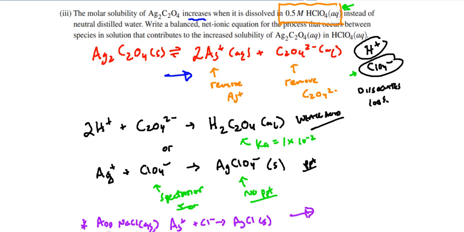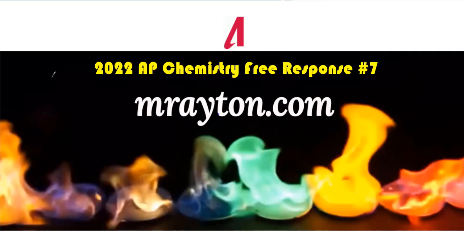But, you know, that's what they paid me the big bucks for, is to change questions. No, they're not going to listen to me. It's okay. So anyway, other than this very last question, it was a great exam. The 2022 AP Chemistry exam, a great exam. And this was question number 7.